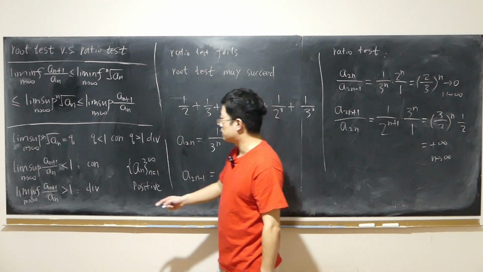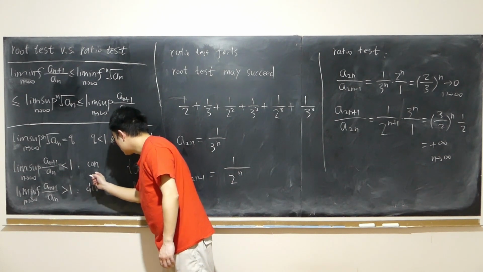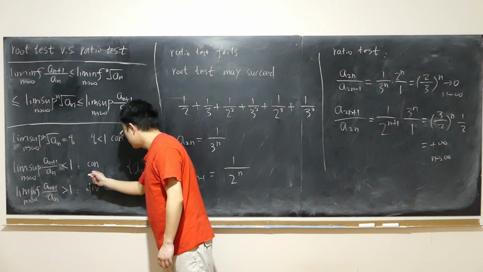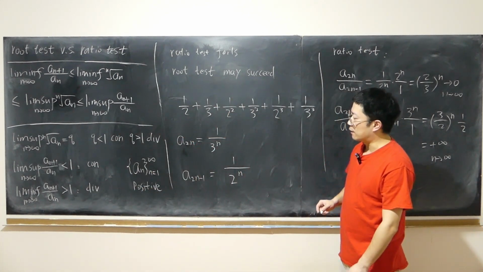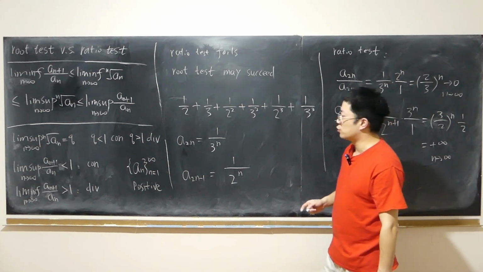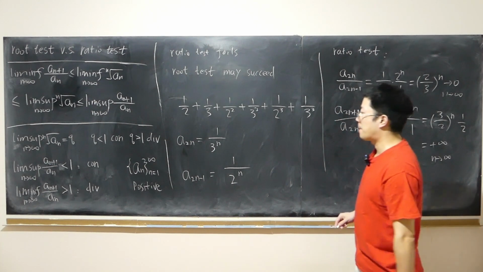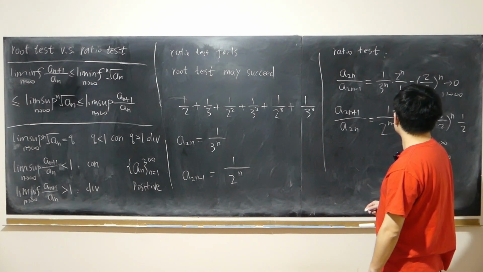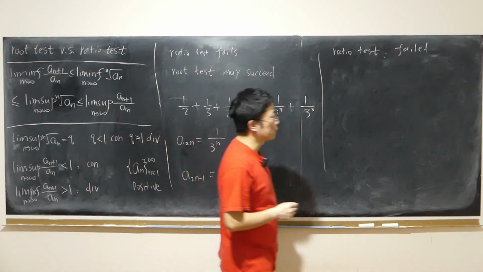It's only a sufficient condition. If it's less than 1, we can say it's convergent. But otherwise, we cannot be sure whether it's divergent. So it cannot be determined. In this case, the ratio test fails.